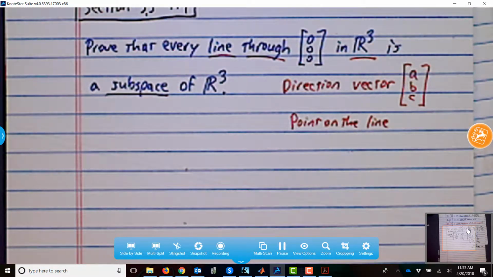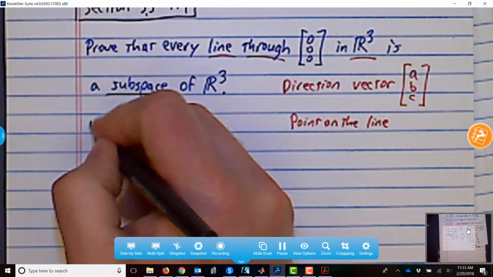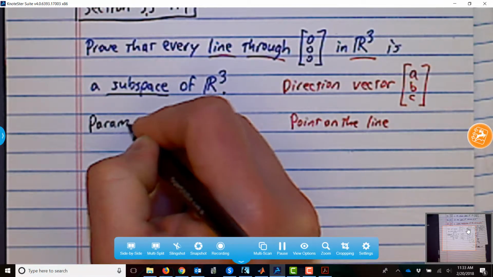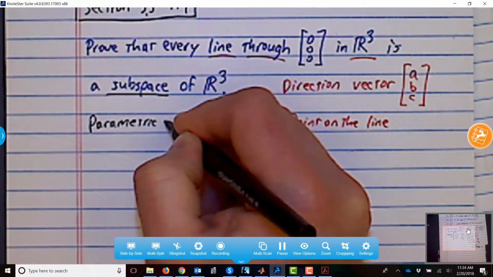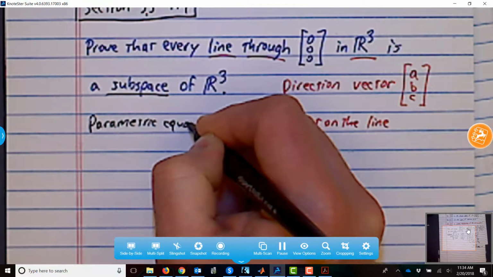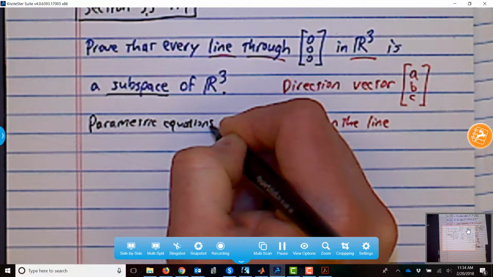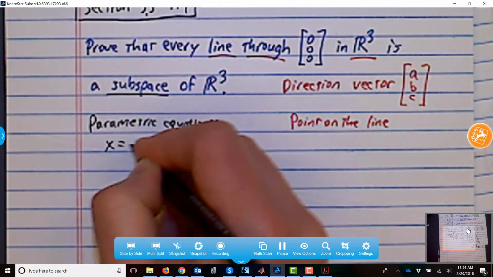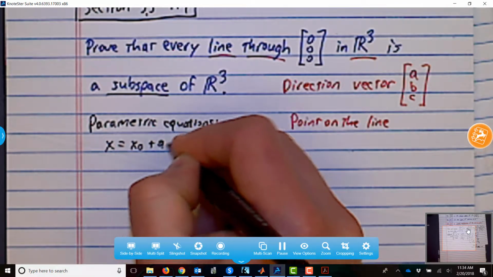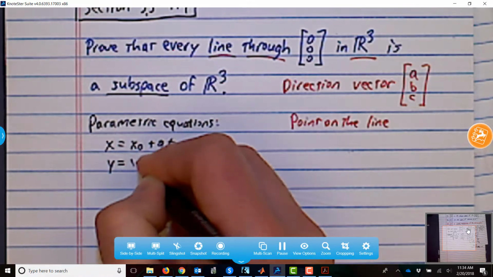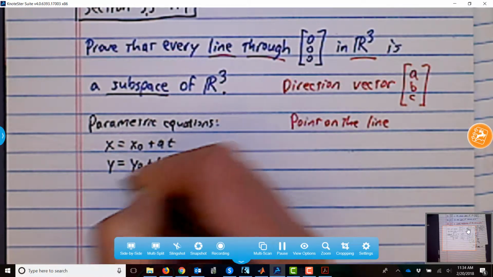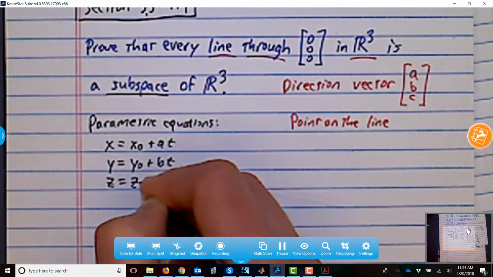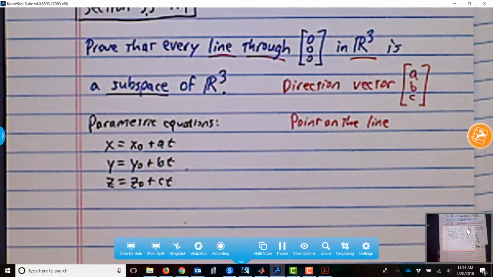So let me show you what we did. We had parametric equations. The parametric equations of a line look like this: x equals x naught plus at, y equals y naught plus bt, z equals z naught plus ct.